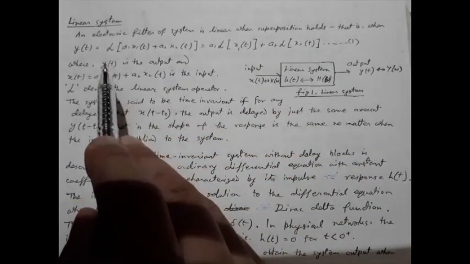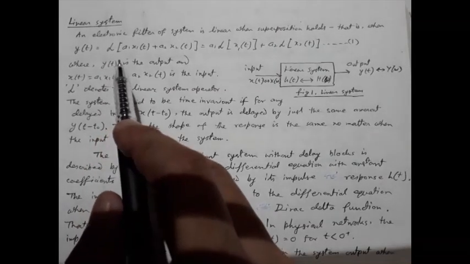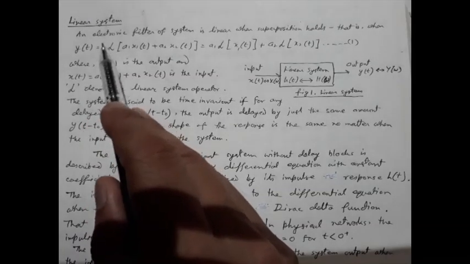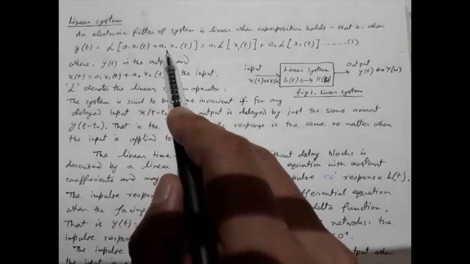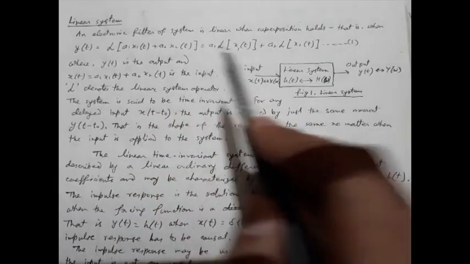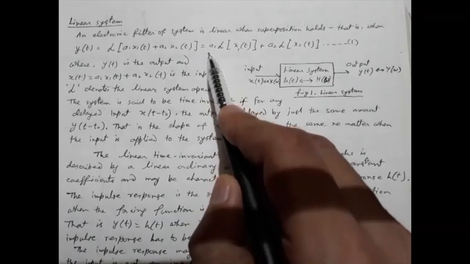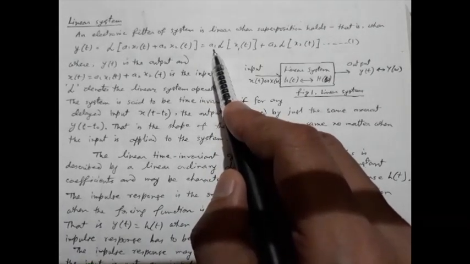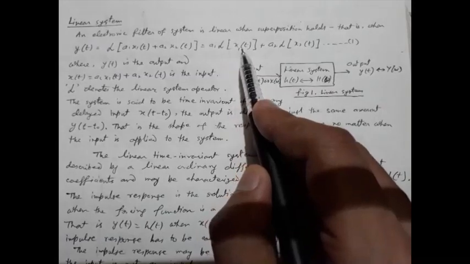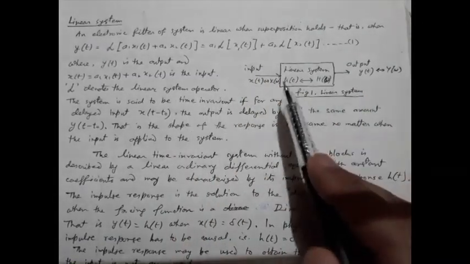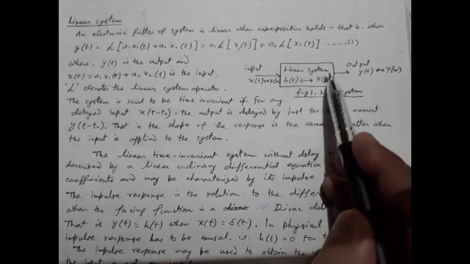So if y(t) can be written as some operation on a1 x1(t) plus a2 x2(t), and if the superposition theorem holds, then we can write it as a1 times the operation on x1(t) plus a2 times the operation on x2(t). And a linear system can be modeled in this way.